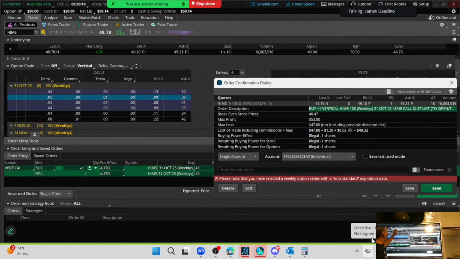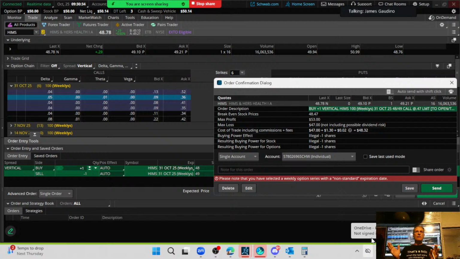Well, the last traded price was 48.78. But look at the aftermarket price. The aftermarket price is 48.40. This stays between 48 and 49. Now remember, if it's at 48.47, that's even.